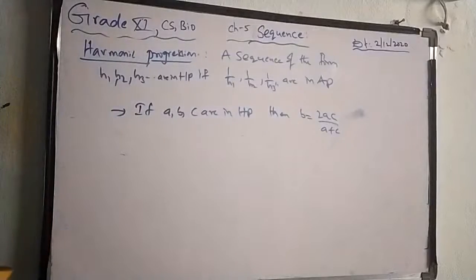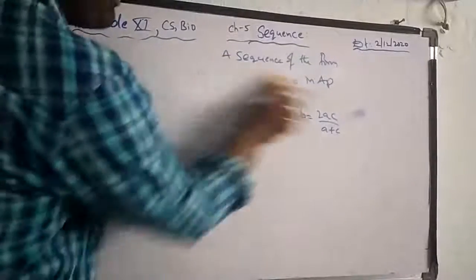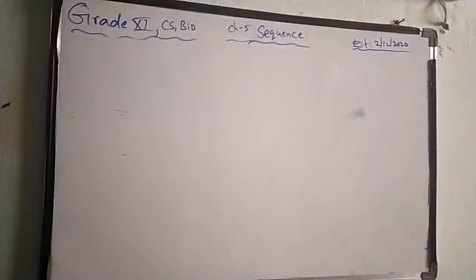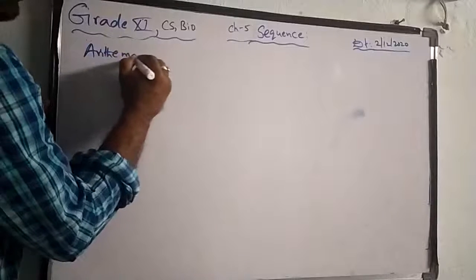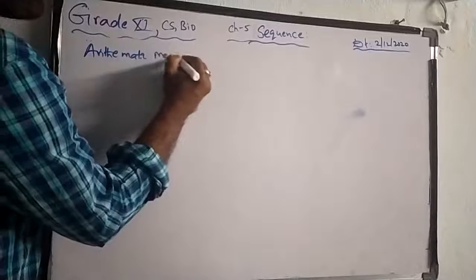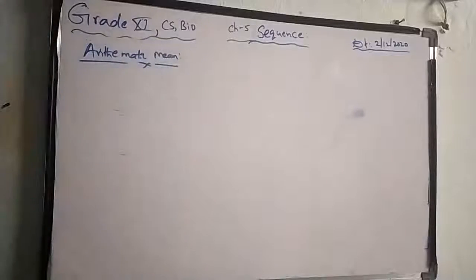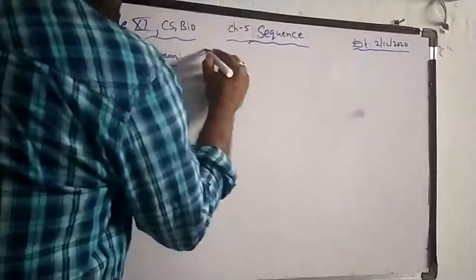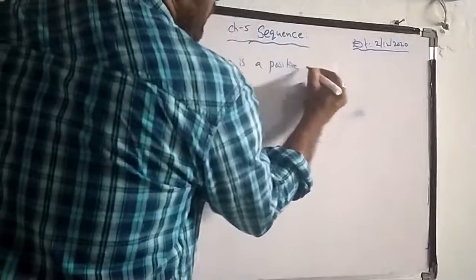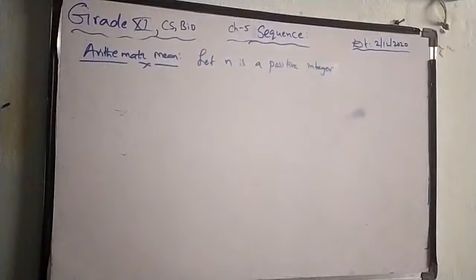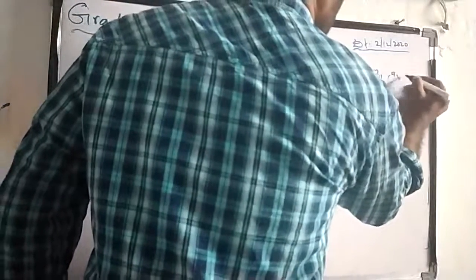Next, let us learn about the arithmetic mean, that is, average. Let n be a positive integer, and let a1, a2, a3, and so on up to an be the terms.